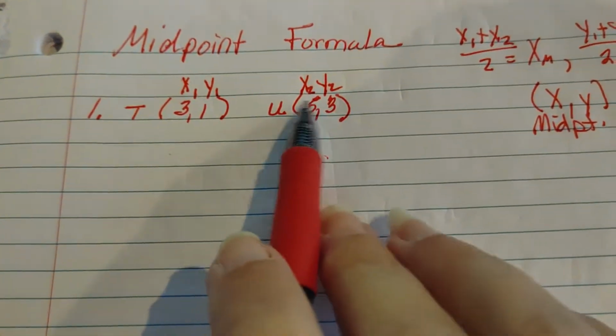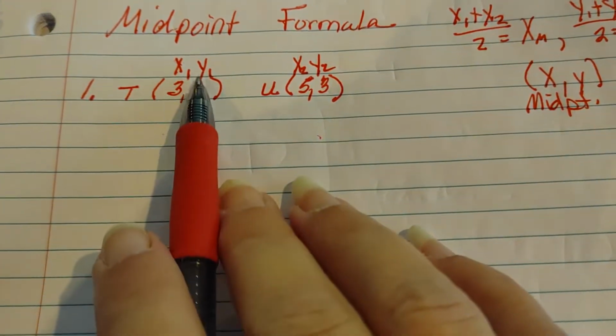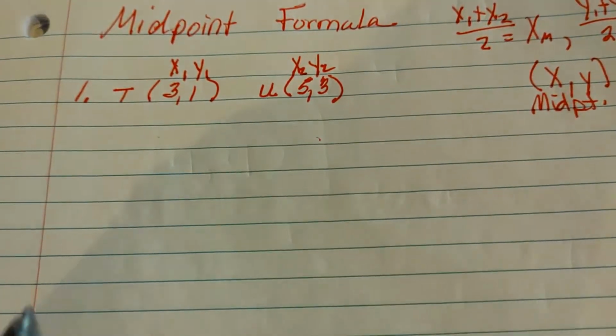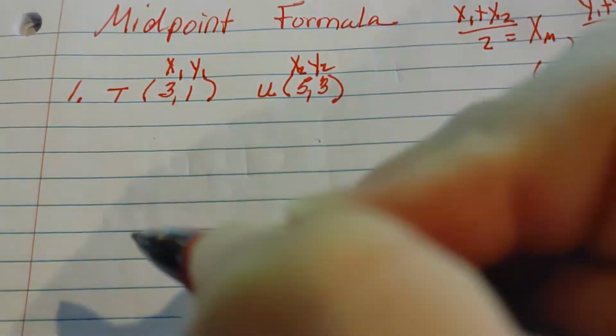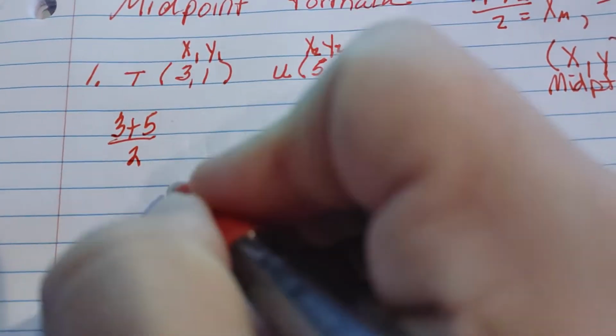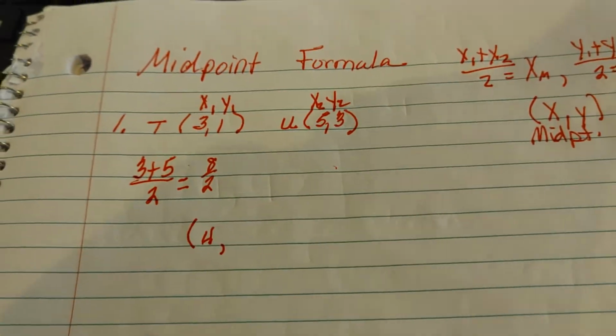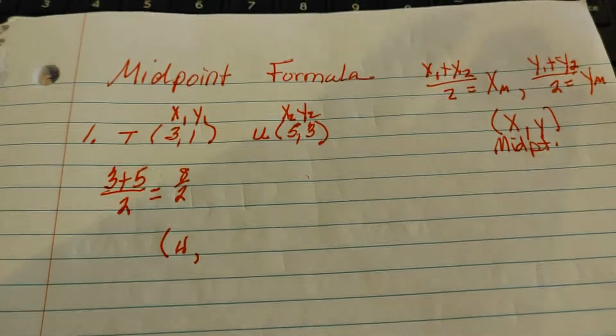That's what the little subscripts are. That tells you which point you're using. Point 1, point 2. We're going to add x1 with x2 and divide by 2. This gives us 8 divided by 2, which gives us 4. So the midpoint x will be 4.